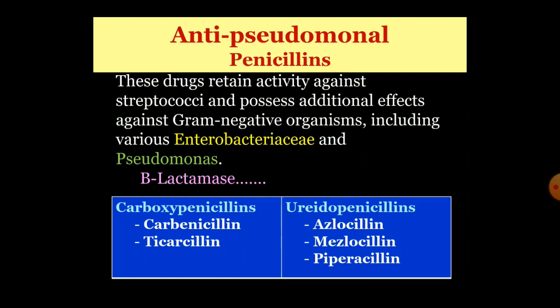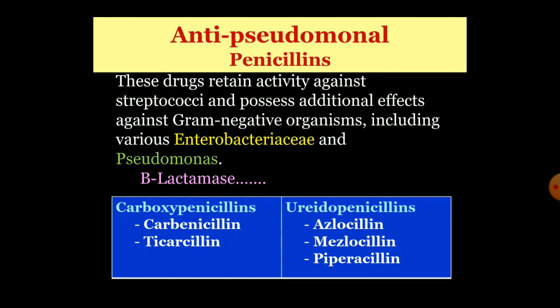Now, anti-pseudomonal penicillins are those penicillins which include primarily ureidopenicillin and part of carboxypenicillin.